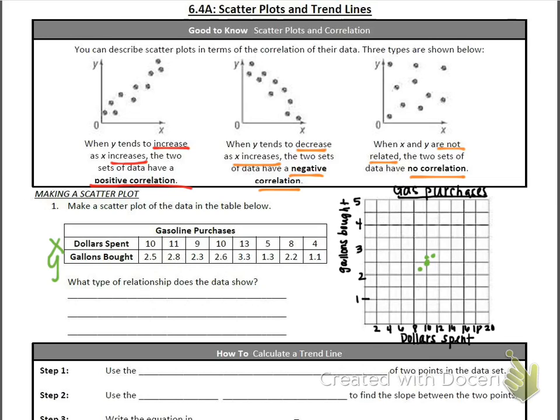So that's somewhere right here. 5 and 1.3. So that's about right here. 8 and 2.2, so 2.2 maybe there. And 4 and 1.1, which is like really close to 1.